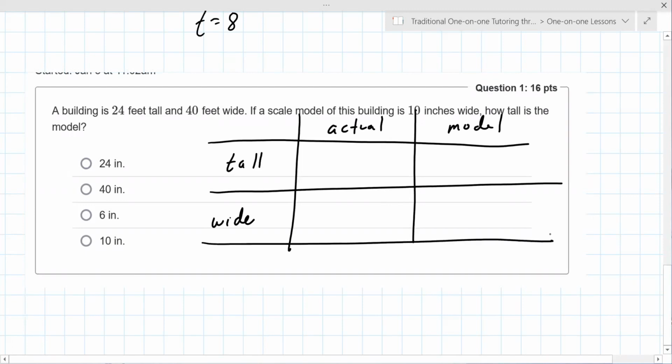So what is the actual height of the building? It's 24 feet. And how wide is it? 40 feet. And the model is how wide? 10 inches. And we're trying to figure out how tall it is, so we'll make an X. So the proportion goes like this: 24 over 40 equals X over 10.